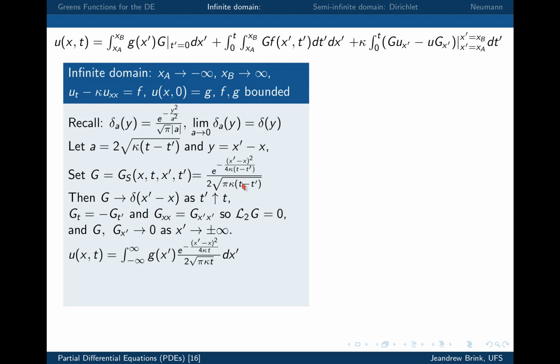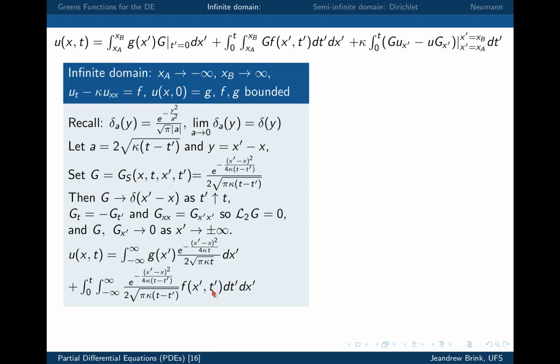What we now have is we can simply write down u of x and t in terms of the initial condition that we're given on the boundary times this integral with our Green's function, so this is the Green's function evaluated at t prime equals 0, plus the full Green's function multiplied by the actual source term.